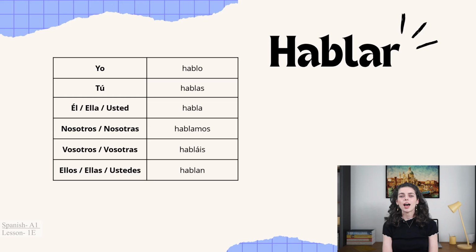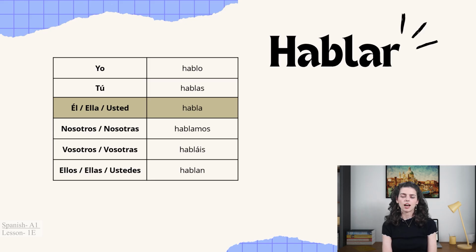Now let's apply this rule to a verb, and I'm sure you will see it a lot more clearly. The verb hablar, the verb to talk or to speak. This is a regular verb from the first group because it ends in AR, hablar. This is how to conjugate this verb. Yo hablo. Tú hablas. Él habla.